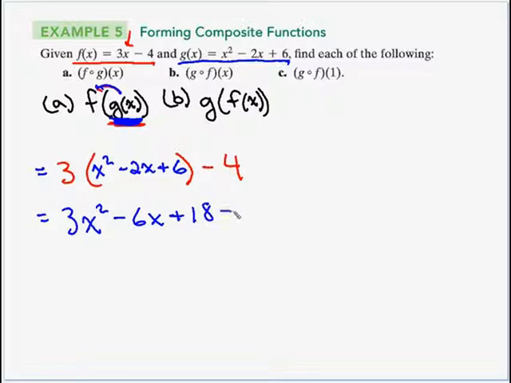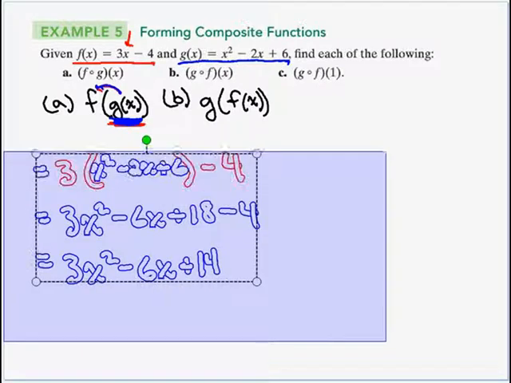And then we have our minus 4 on the end. If we collect our like terms, just those two numbers at the end, we get 3x squared minus 6x plus 14. So that is f of g of x. Again, the g function went into the f function.